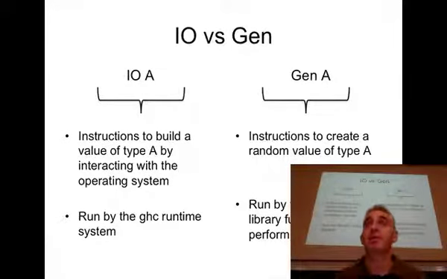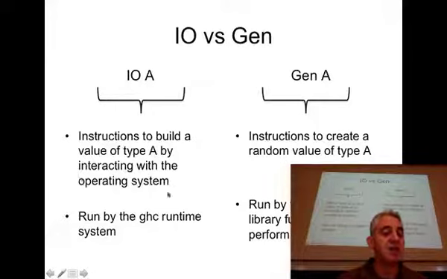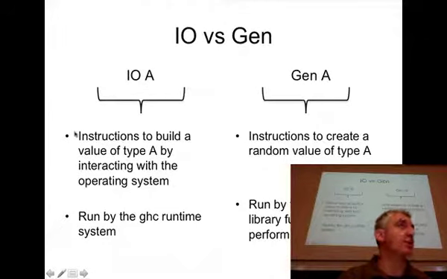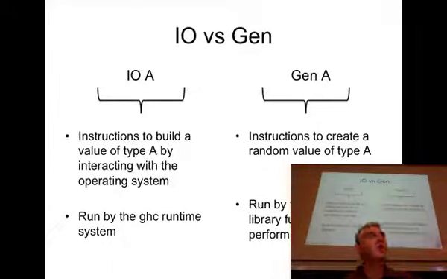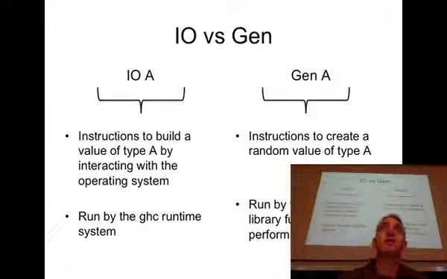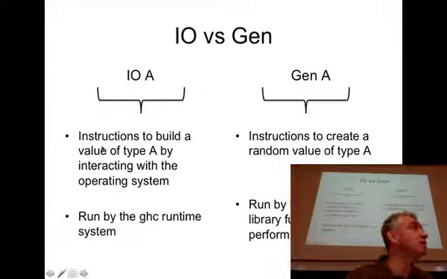We can't look at how the internals of the data type work for representing kinds of instructions. IO of A, they're instructions to build a value of type A by interacting with the operating system. We can't see what those instructions look like. The only thing we can do is give those instructions to the runtime system, and the runtime system will actually run the instructions for us. So it's the runtime system who actually takes the instructions and actually does something with them.